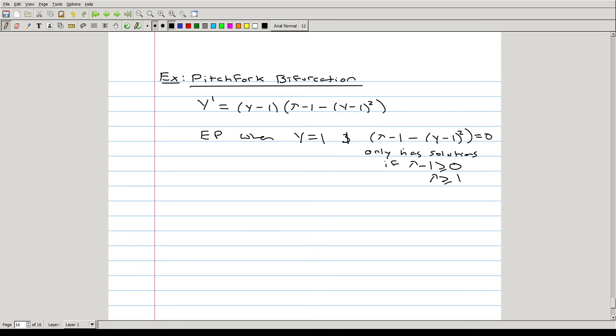And the solutions that it has are given directly by y is equal to 1 plus or minus the square root of lambda minus 1, just solving this quadratic for y in terms of lambda.